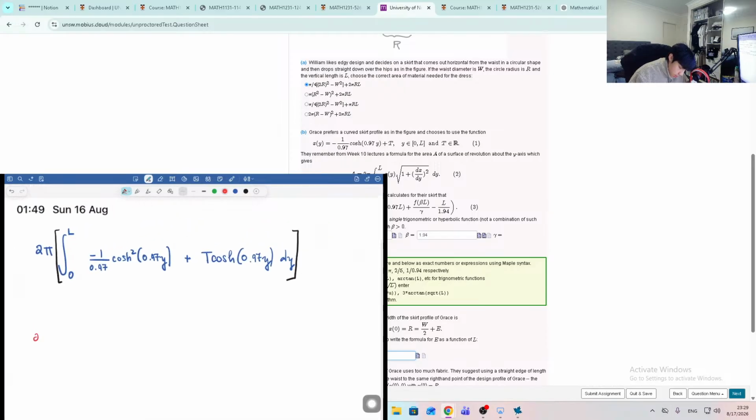So maybe I try integrate cos 2a, right? So 2a plus 1 over 2, is that right?